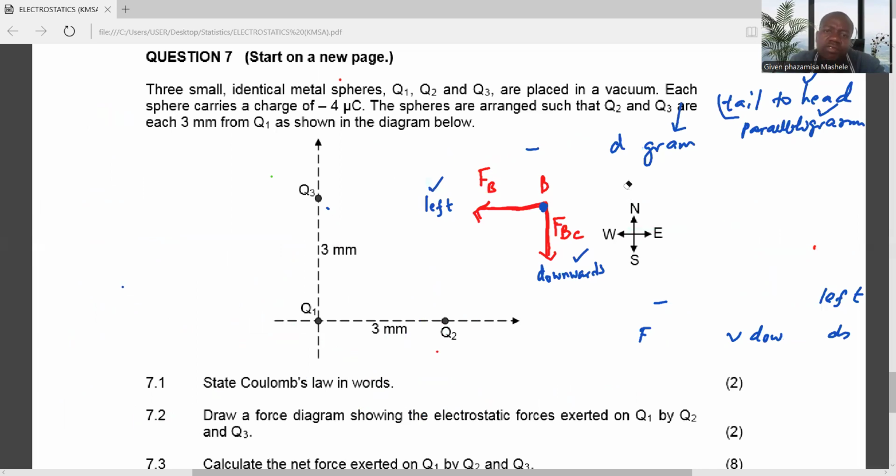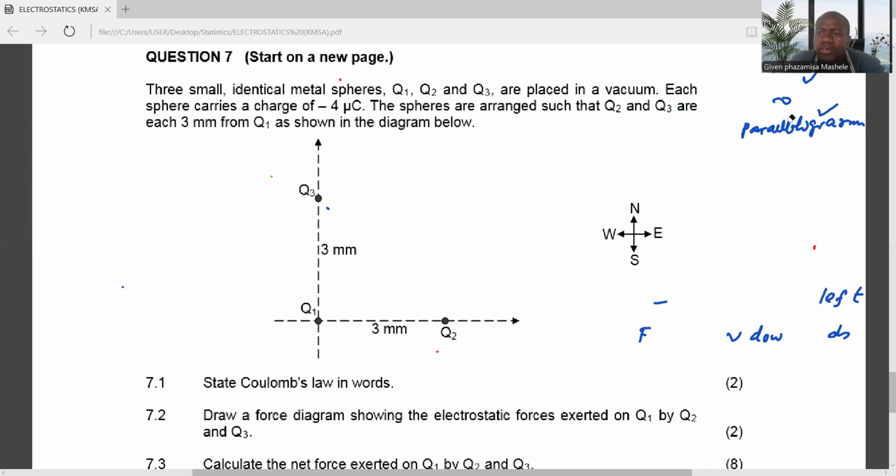So we will proceed with the next session, which is part 2 of electrostatics, where I'll be talking about electric fields and how to calculate the electric field at a point. Also, we'll address the cases where you have charges that are hanging. This one is for both grade 11 and 12.